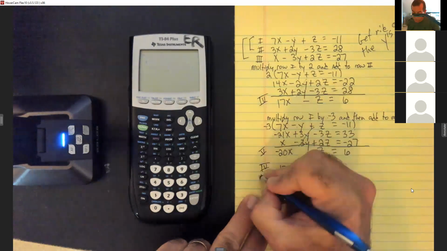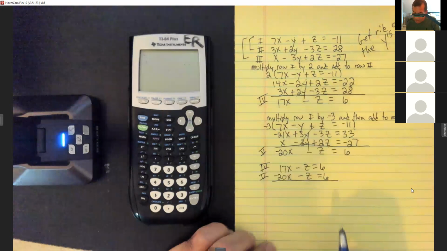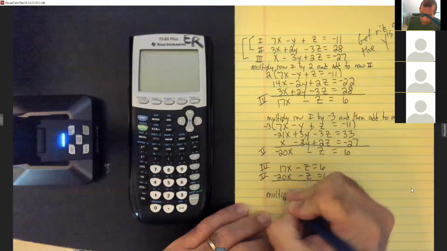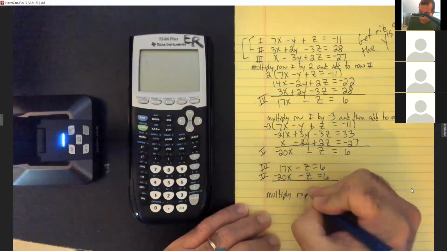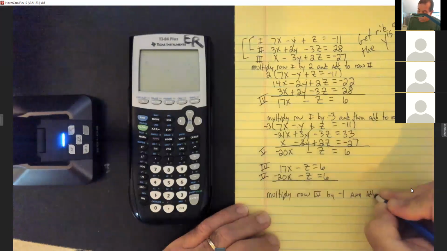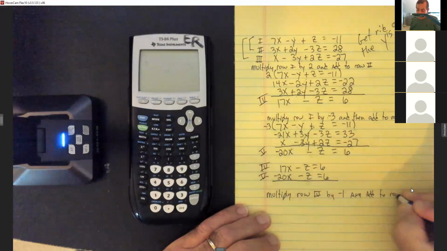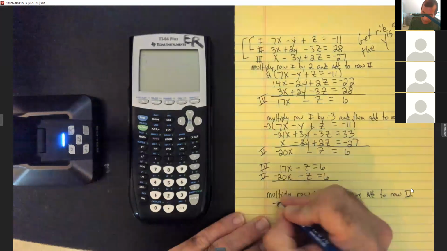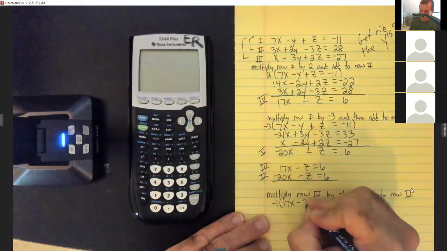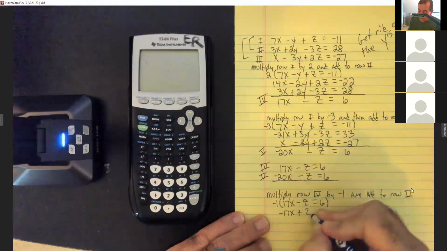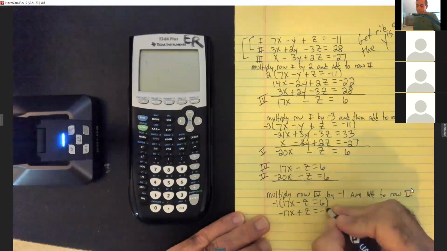So y'all, I'm actually going to get rid of one of these z's because they match. I'm going to multiply row 4 by negative 1 and add to row 5. So negative 1 times 17x minus z equals 6 gives me negative 17x, a positive z, and a negative 6.